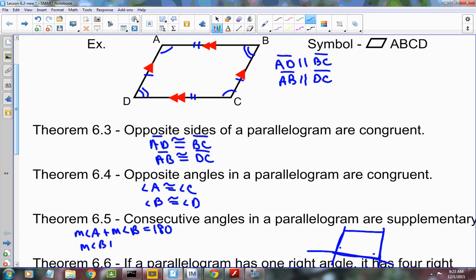Measure of angle B plus the measure of angle C equals 180. We could go all the way around. Measure of angle C plus the measure of angle D equals 180. And then the measure of angle D plus the measure of angle A equals 180. So all the way around, the consecutive angles are supplementary.